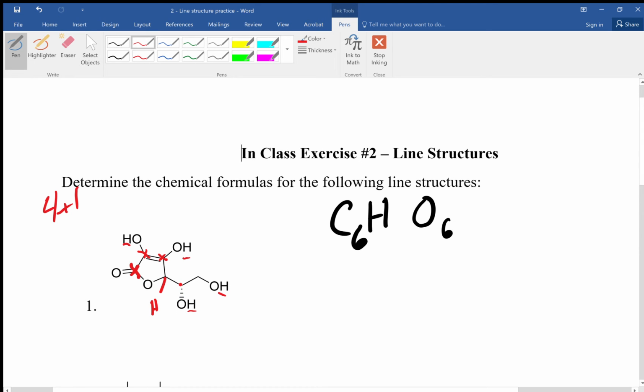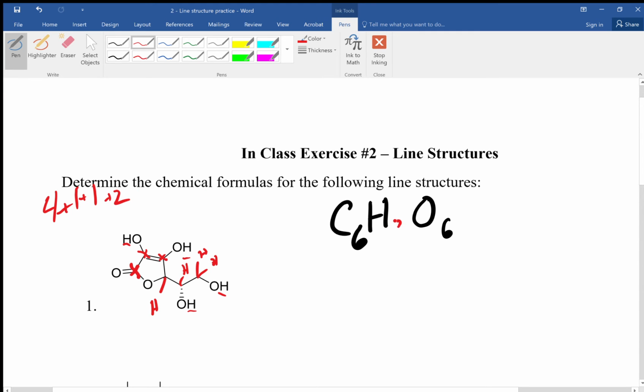This carbon, we can see 2 bonds to other carbons and 1 bond to another oxygen. So we need 1 hydrogen here. And finally, this carbon has a bond to carbon and a bond to oxygen. So it needs 2 more hydrogens to get to 4.